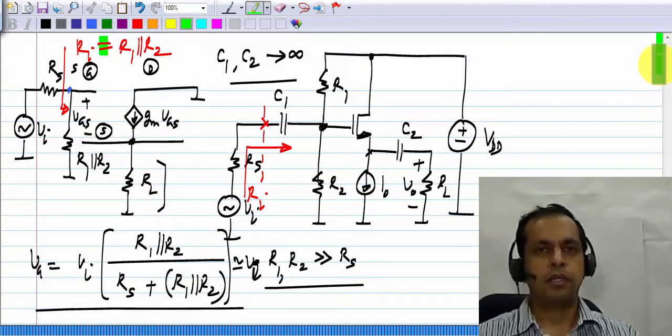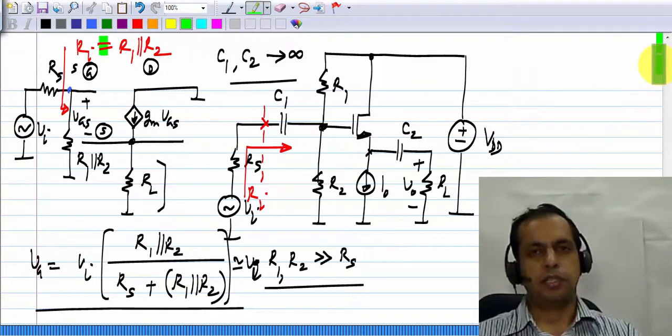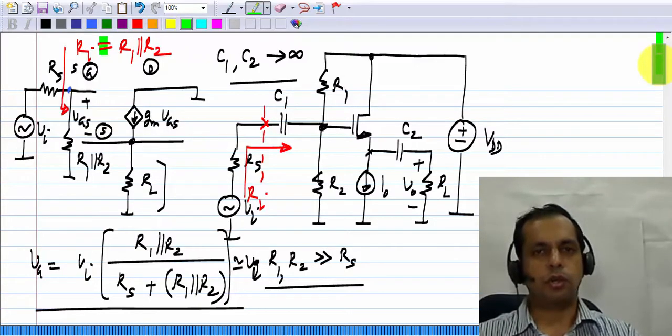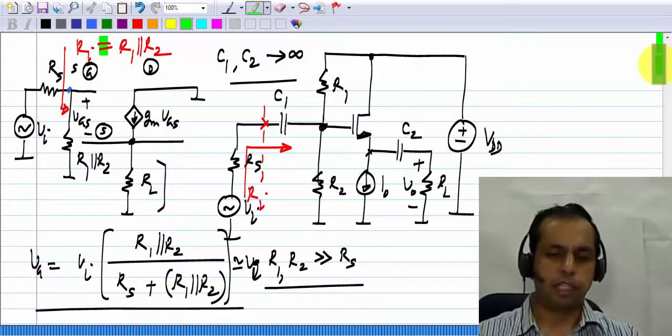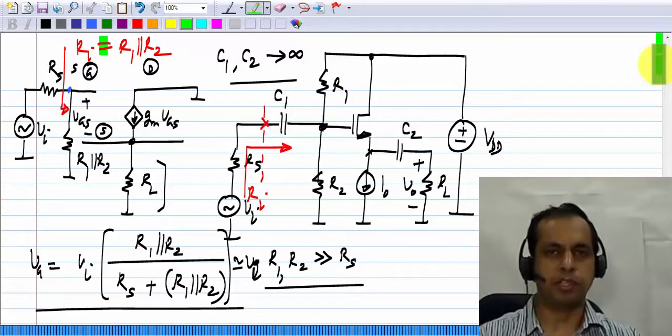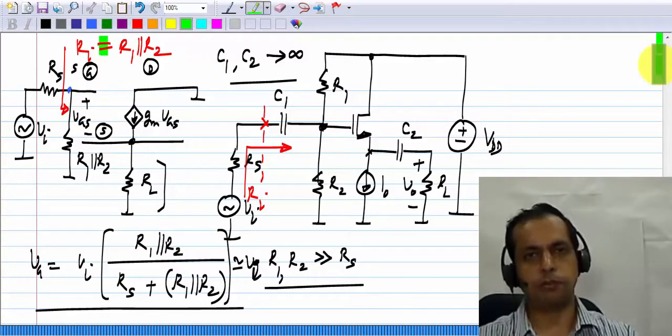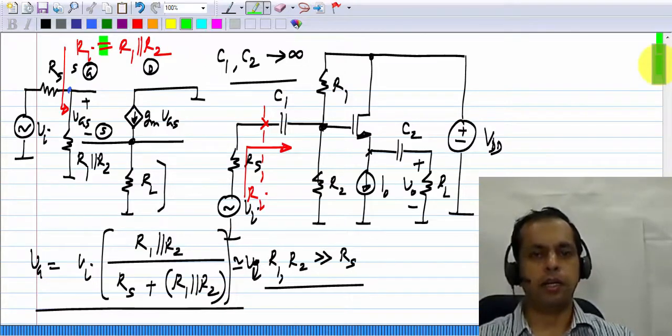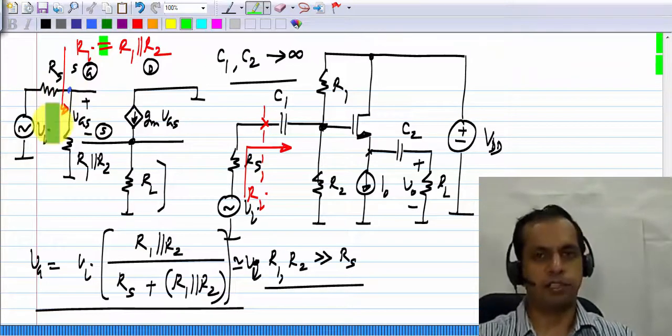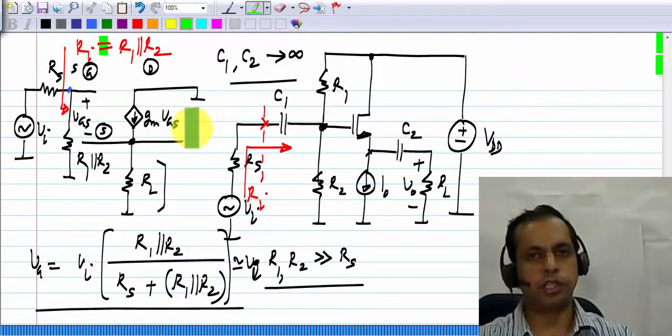That's fine. So this completes the circuit of the source follower or the common drain amplifier, and it's quite a useful circuit. It's used in a lot of places. For instance, the microphone into which I am speaking, many of them, the microphone itself will have a very high output resistance or a very high value of Rs, and it won't be able to drive the following circuit.